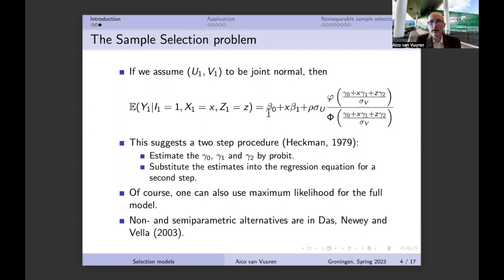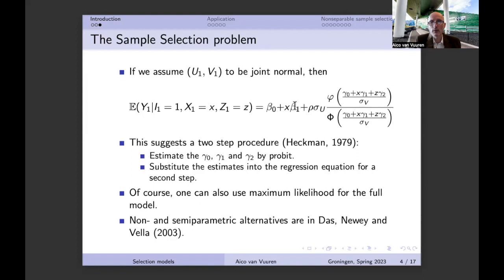So for all individuals, working or not, we can predict their wages given their x's that we have over here, because then we can simply have beta 0 plus the x multiplied by beta 1.